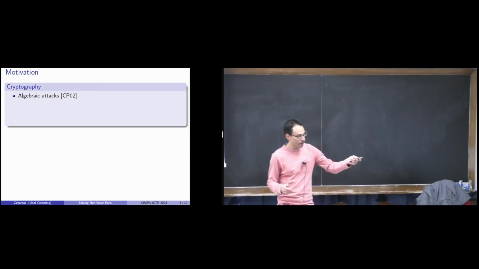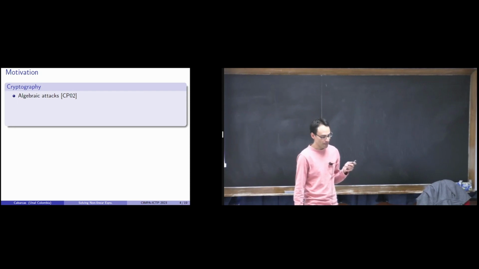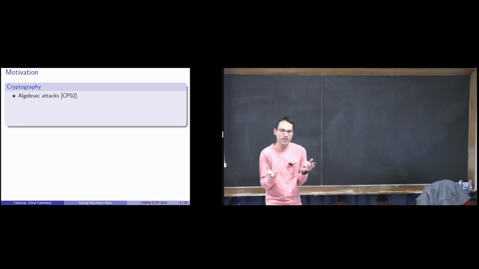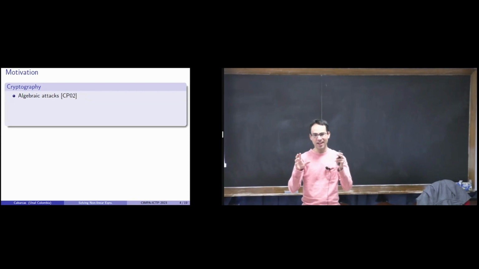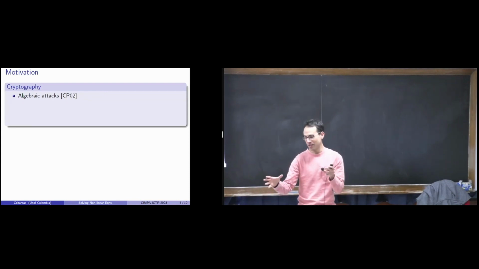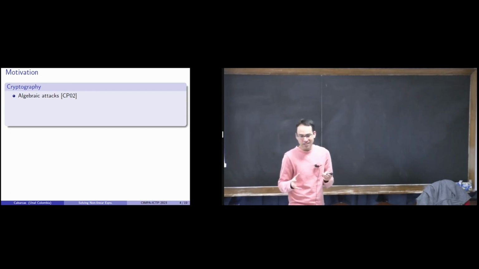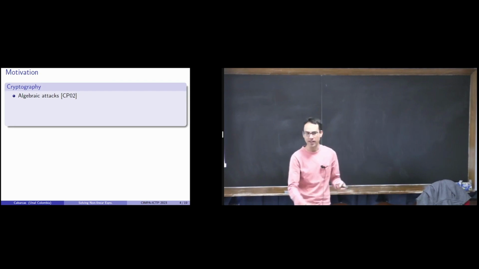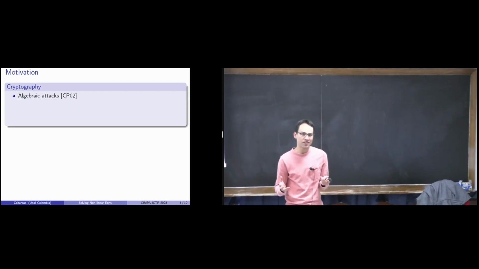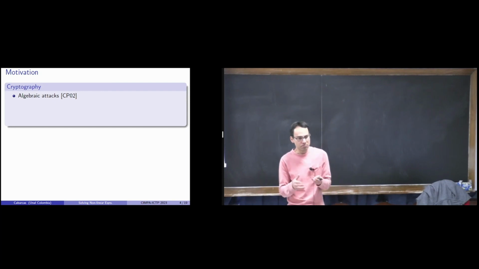And this started probably in 2002 with this paper by Courtois and others, where what they did was, in a way, very simple. They took a crypto system, and an attack on that crypto system, they simply reduced it to the problem of solving a system of polynomial equations, right? And they claimed that it was possible to attack the system just by solving a system of polynomial equations over a finite field, right? And what was really interesting is that you can do this with many crypto systems.